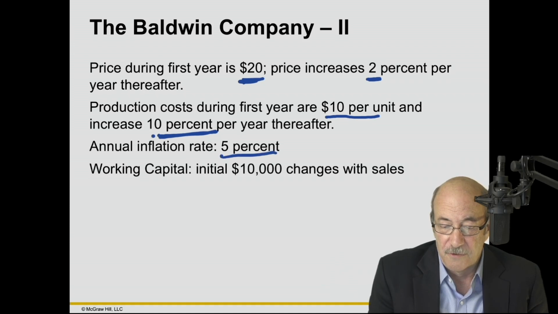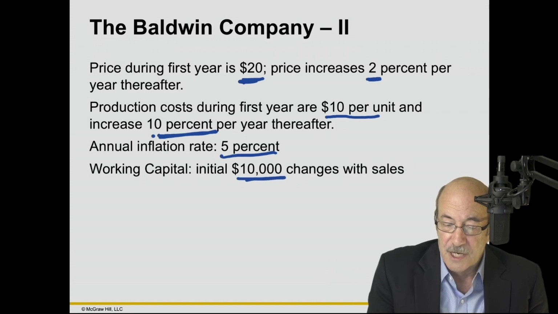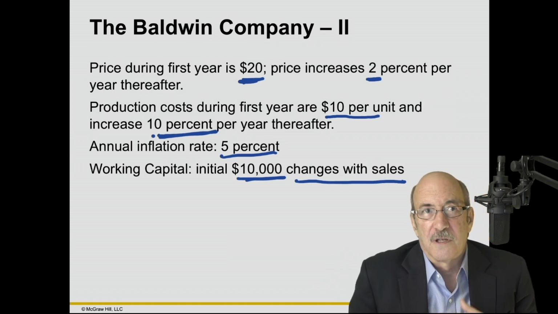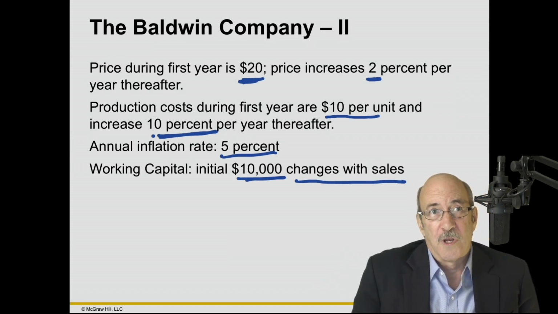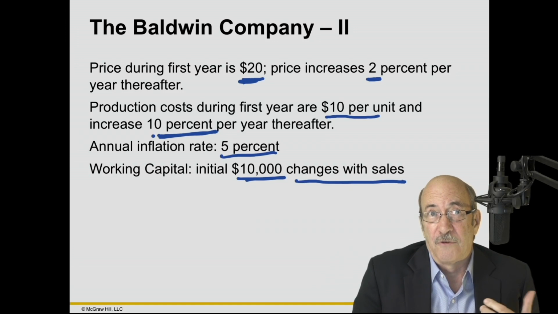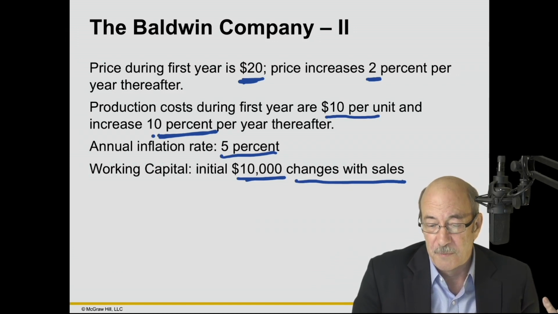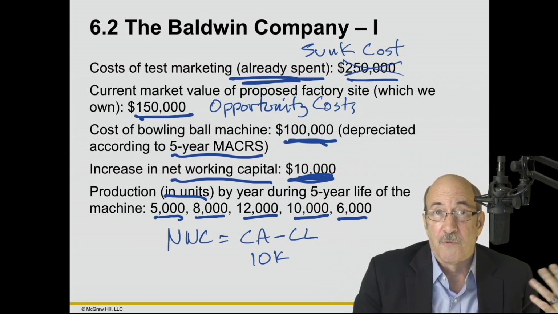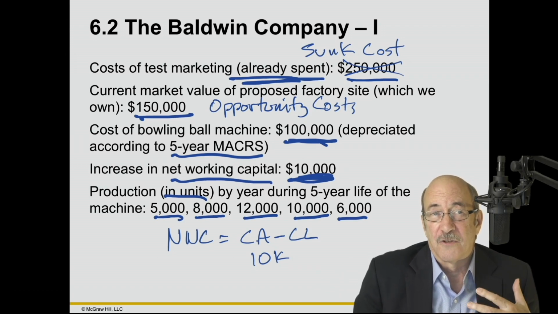The annual inflation rate is 5%, and working capital, the initial 10,000 increases with sales, which makes sense. I mean, remember, we start off with 5,000, but by the time we get into year 3, I believe it is, where we have 12,000, that's going to require more cash, more inventory, we're going to end up with more accounts receivable, and yet our accounts payable are going to go up. They're just not going to go up as fast.